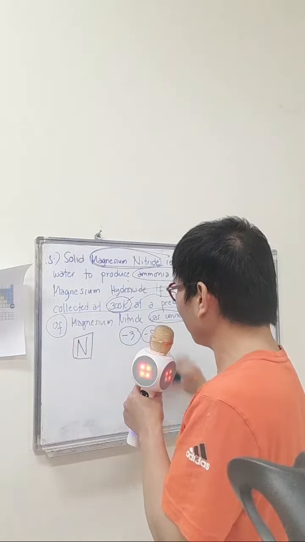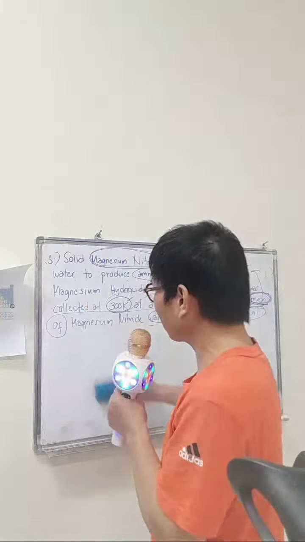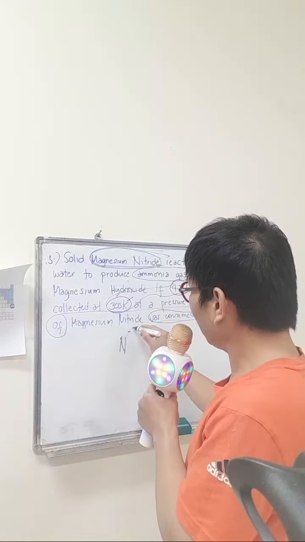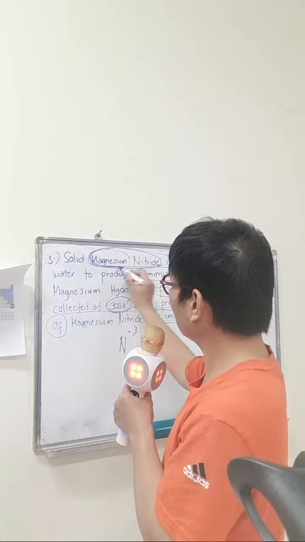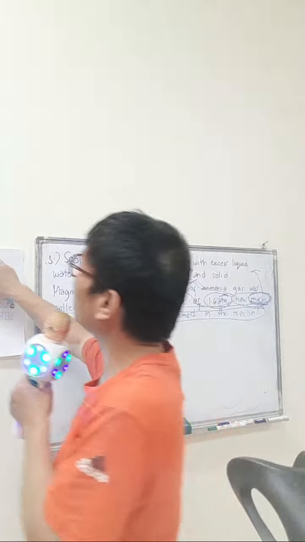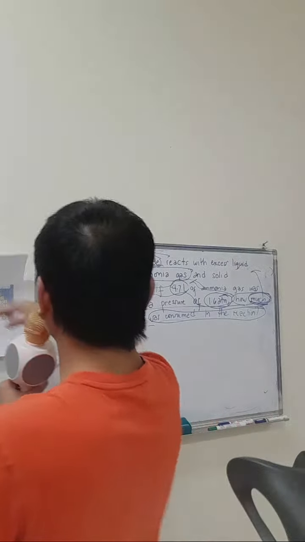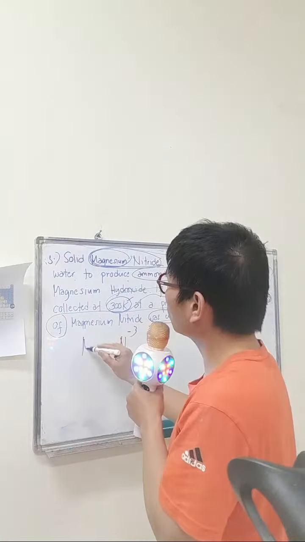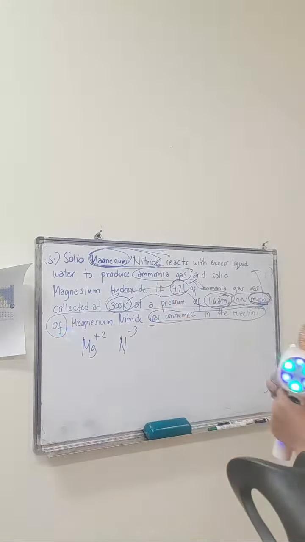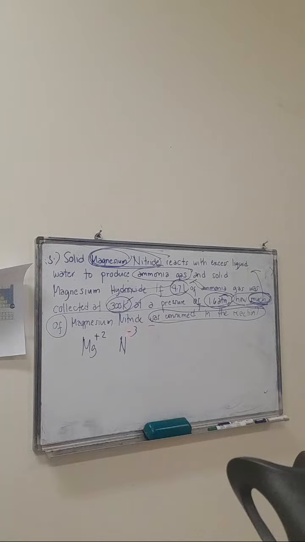Put that here, -3. Nitride, -3. Magnesium, you have to think that it's going to be in column 2A. Magnesium, +2. Oh my goodness. Okay, this is going to be covalent bonding, right?